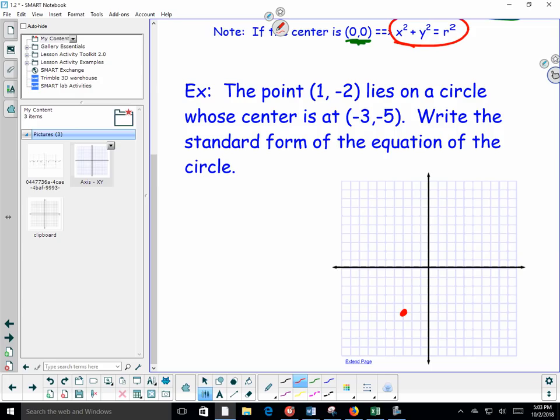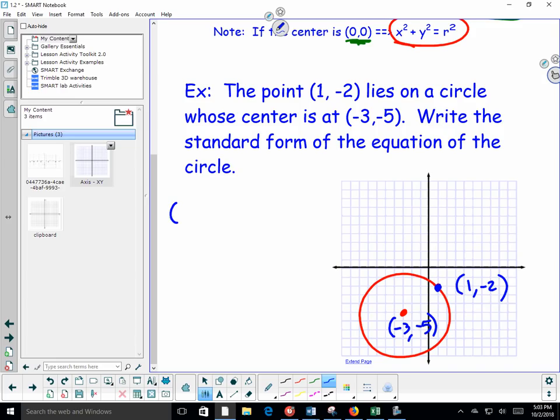That's the center, and the circle passes through the point 1, negative 2. All right, so it seems to me like the circle would look something like this. I'm just doing a rough estimate of this circle. So this is my center, negative 3, negative 5, and this is some random point on the circle, 1, negative 2. We don't know the radius yet, but we could find that.